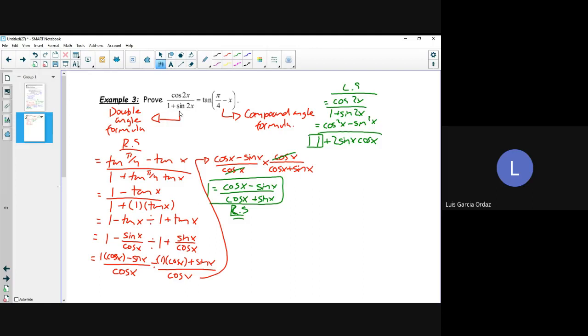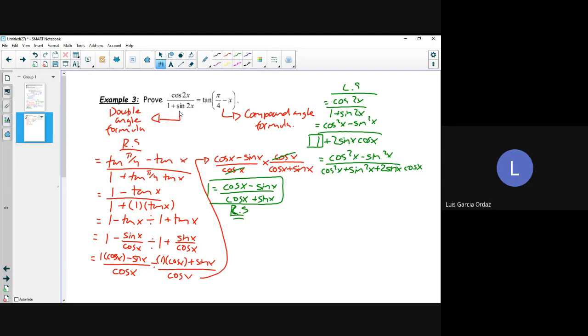So what trig identity gives us an equation equal to 1? Sine squared x plus cos squared x. So you get cos squared x minus sine squared x over cos squared x plus sine squared x plus 2 sine x cos x.